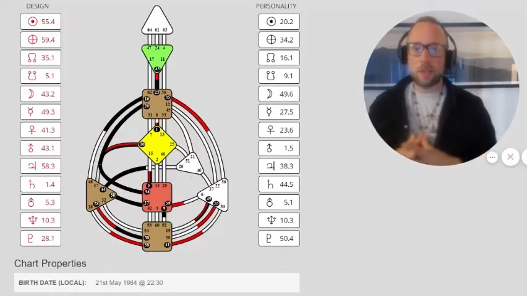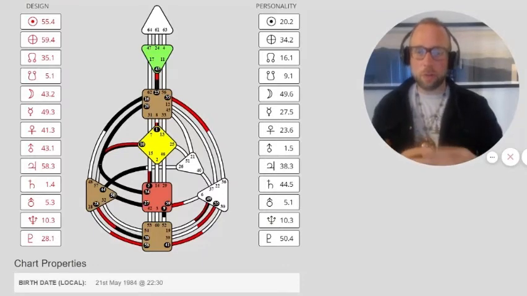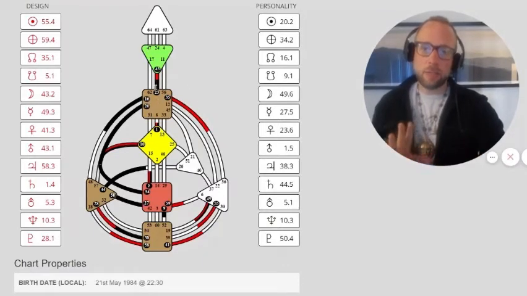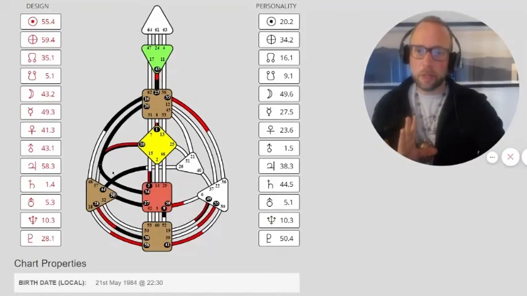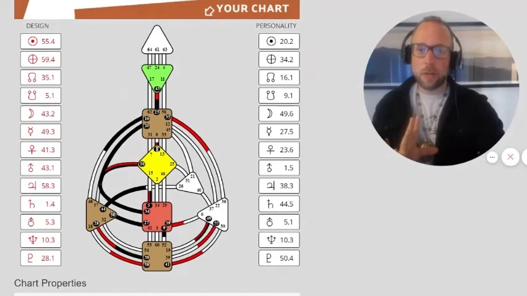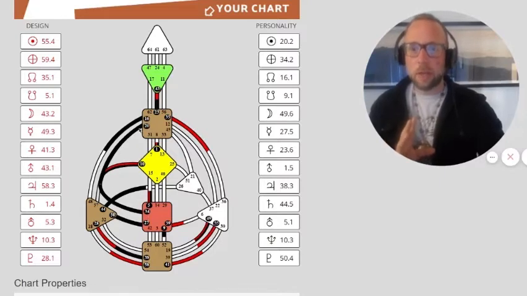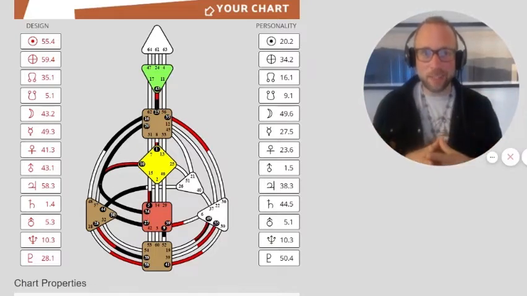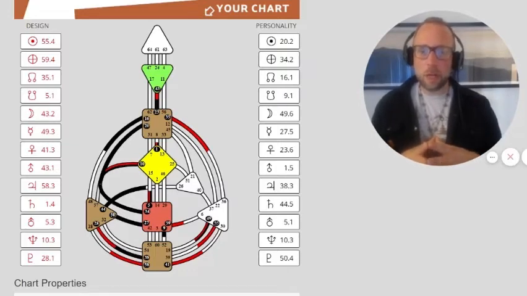So the main idea here is when you're looking at your chart, you want to look at the defined centers, just looking at it as energy flow, and looking at the themes of the different centers and how your energy flows consistently in the ways that you can count on. Now, each of these channels and gates, these 64 numbers are called your gates, and these are your channels that connect the two centers, have a different theme and a different energy, a different genius, which is a little bit too much to go into at a high level.